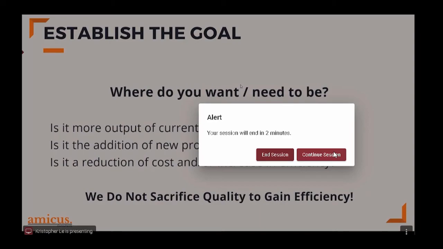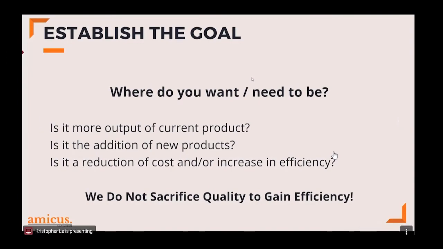And then building that into a document that becomes the roadmap and guide to move forward is so important, rather than just thinking of things and making a decision on the fly without really doing some comprehensive analysis. And one of the things that you never ever want to do, particularly in a GMP environment, is sacrifice quality to gain efficiency, right?